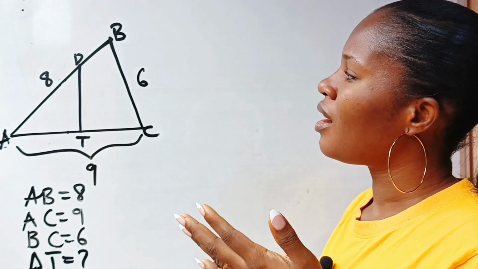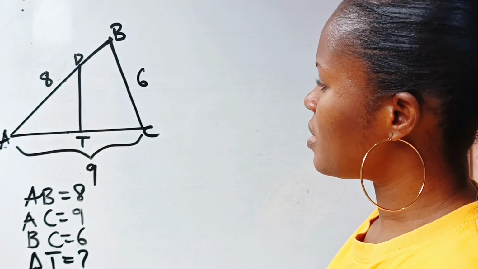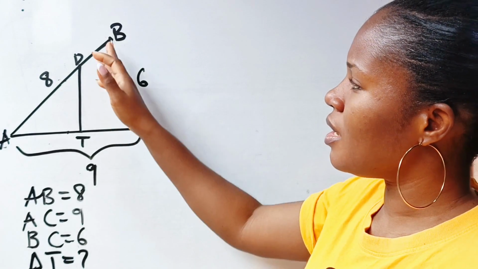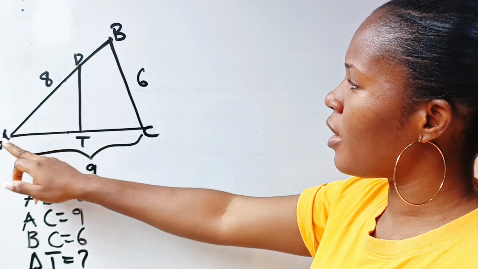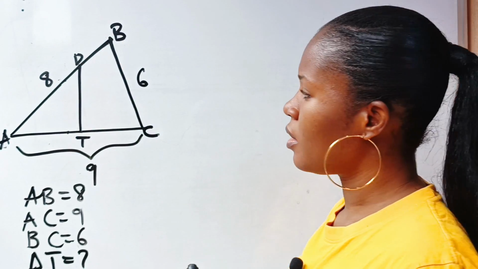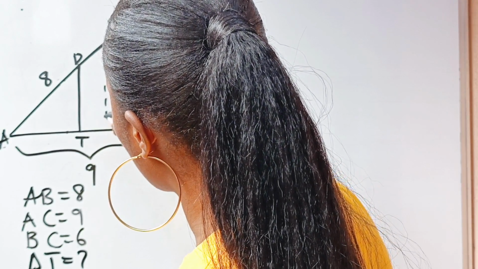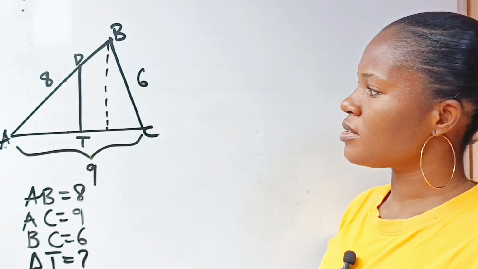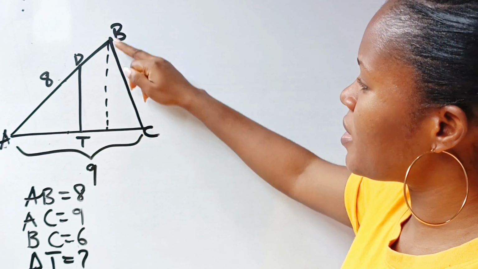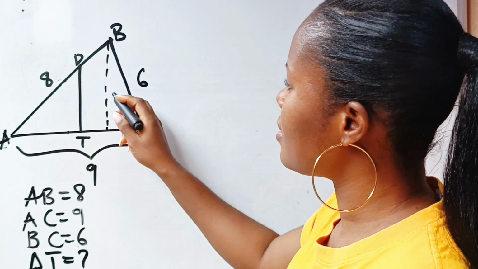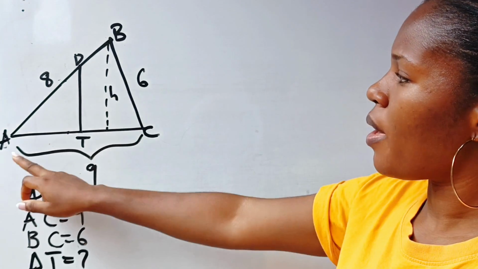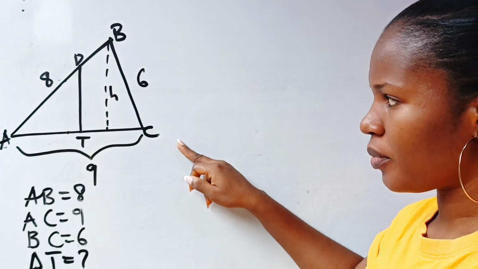Now, the first thing we need to do is get the height of triangle ABC. I'm going to drop a straight line, even though it's a freehand sketch. This particular straight line is the height of triangle ABC.